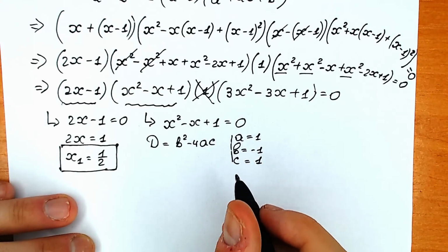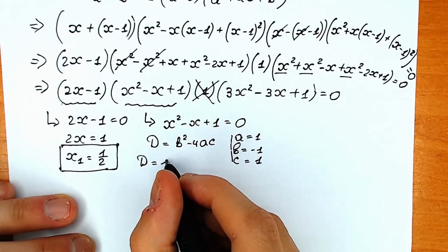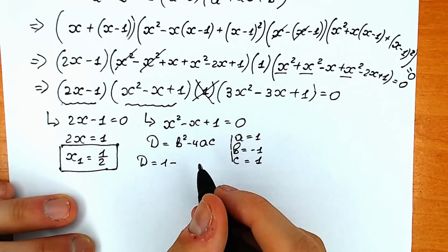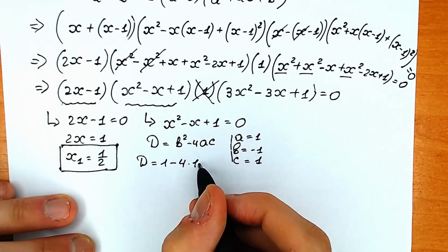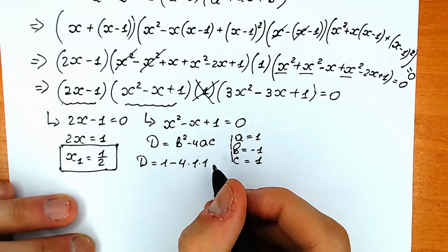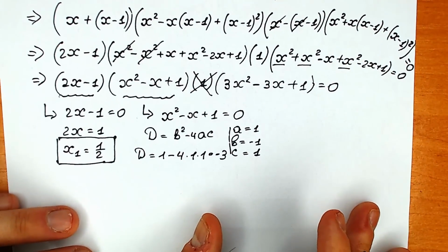So d equal to b squared, we have 1, minus 4 times 1 times 1. 1 minus 4 equal to minus 3. And as you can see right here, we have complex roots.